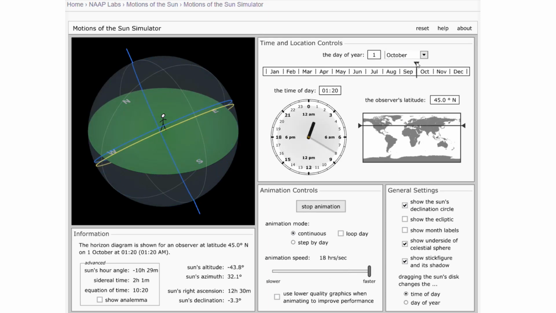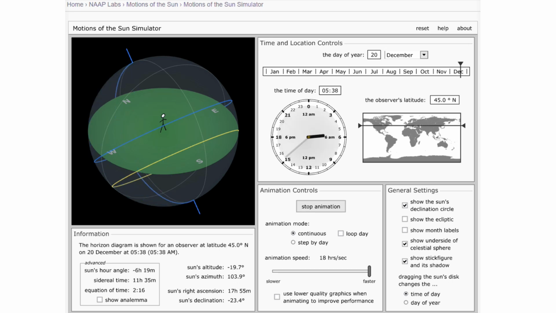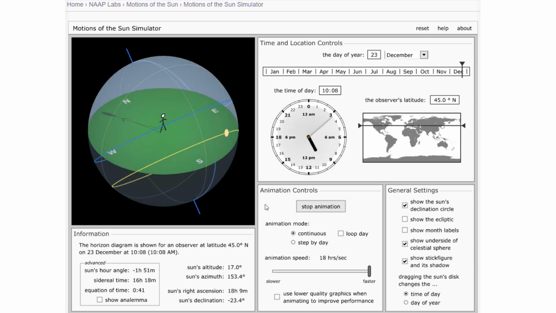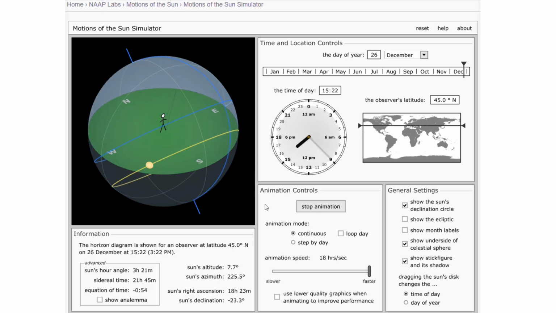Back to the fast speed and move forward to the winter solstice. December 18th, 19th, 20th, 21st. Now it reaches the Tropic of Capricorn, going back north.